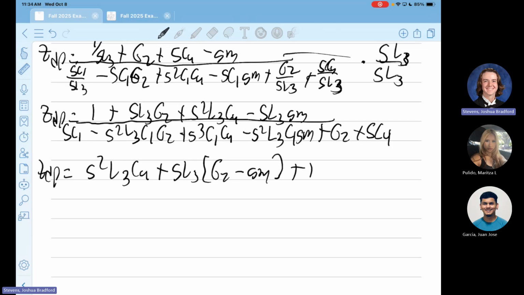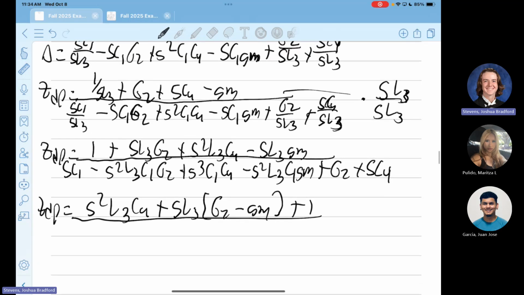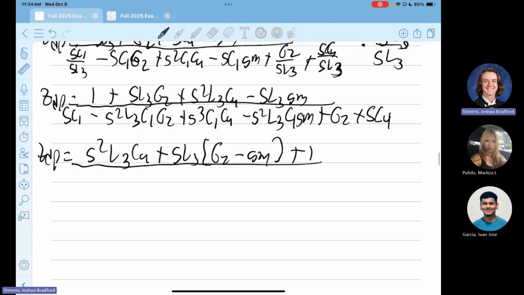Does everybody see how I got that? Yay, nay? Cool. Okay. Then the denominator: S cubed L3C1C4 plus S squared L3C1. The reason I have that here and here.